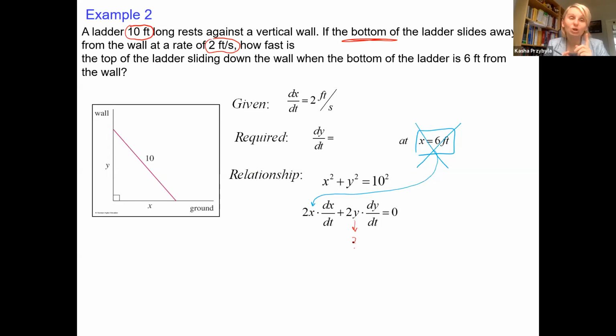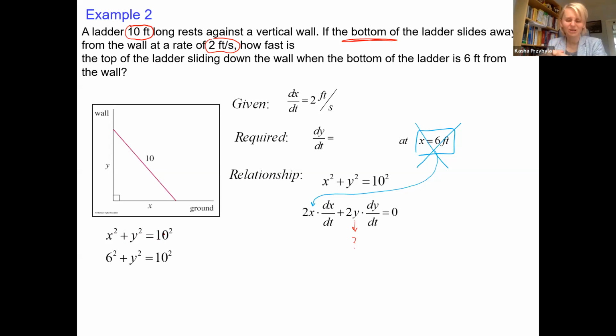We will use exactly the same relation. Can you see I just typed it on the side? At the moment when x is 6, we can easily calculate y. That's what we can do if we have multiple quantities connected in one diagram.